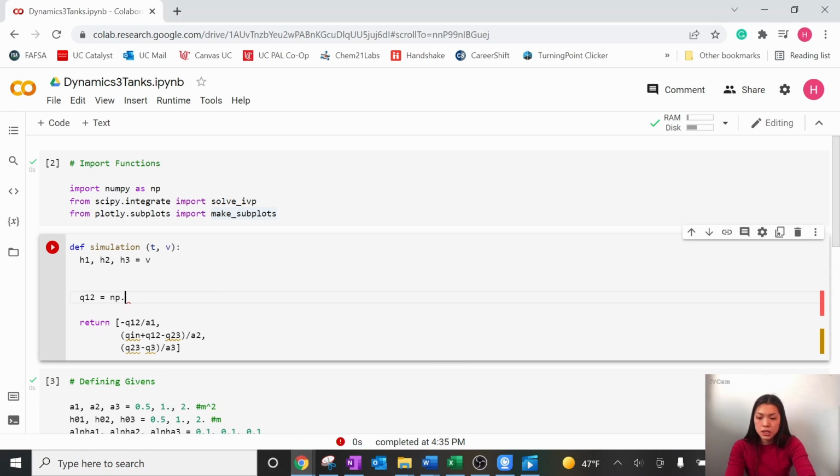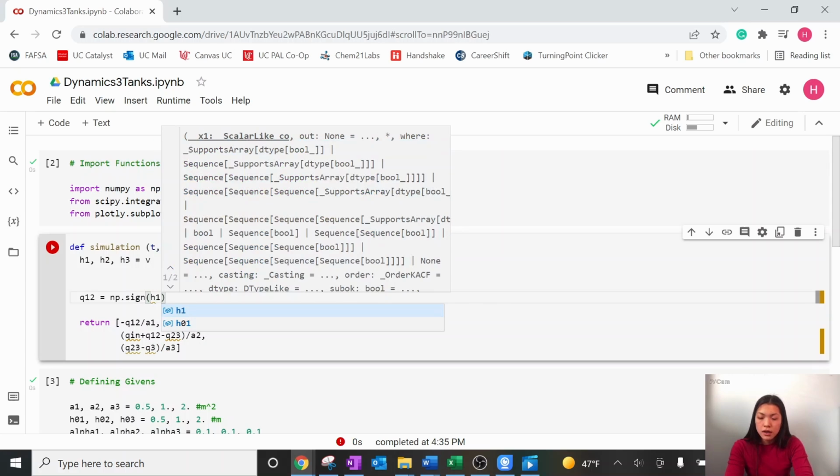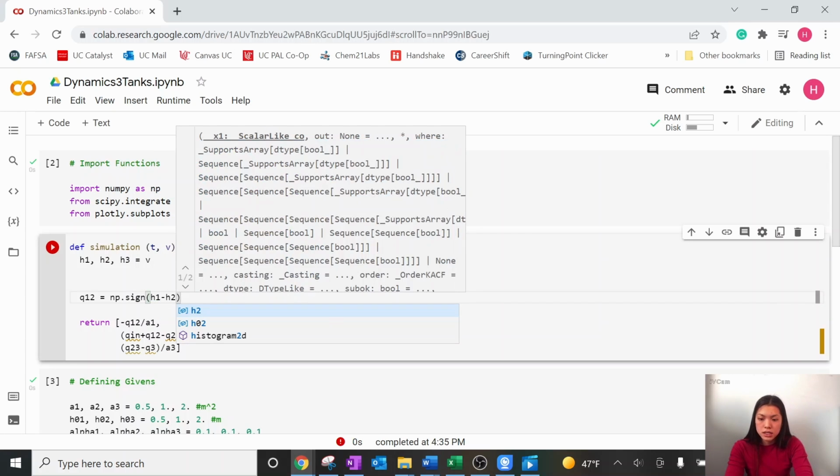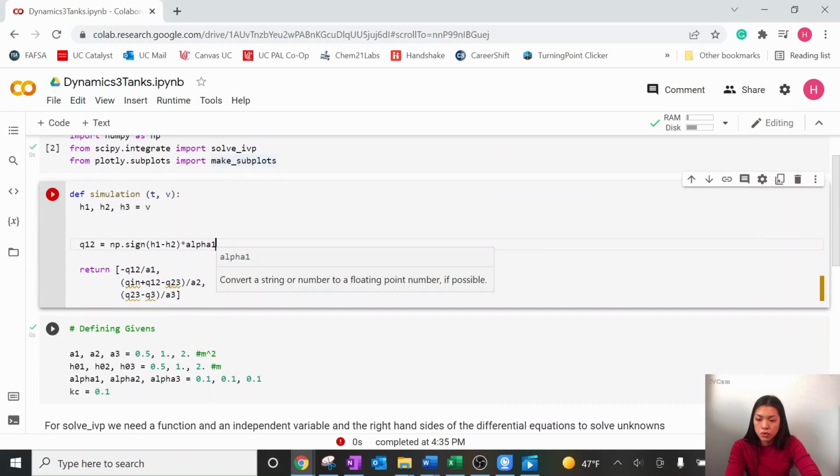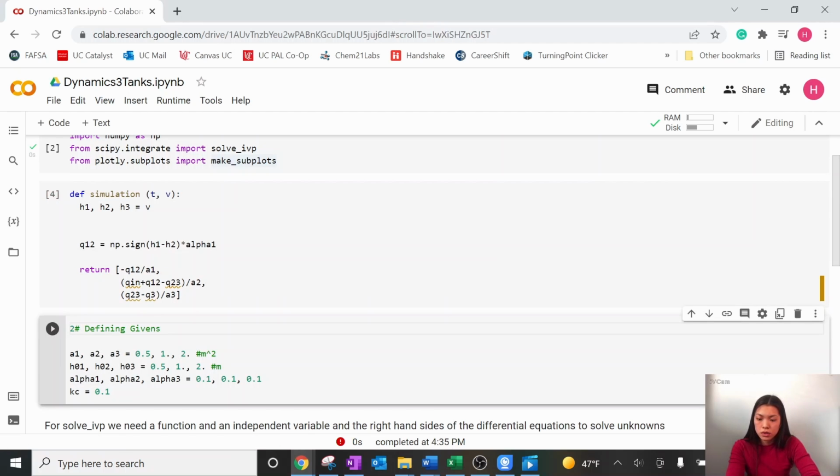So we're going to use numpy dot sign of the fluid height in tank 1 minus the fluid height in tank 2, multiplied by the proportionality constant of tank 1 to tank 2. So let's change this so it's a little more clear.